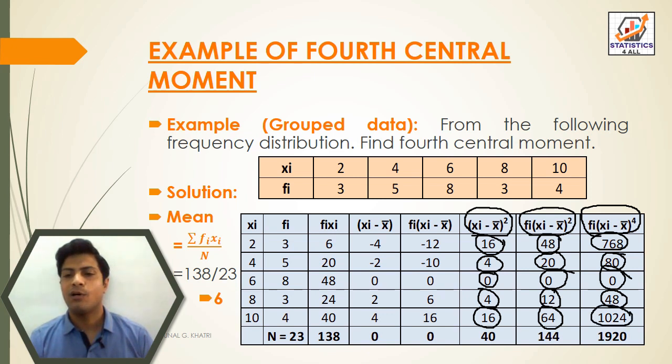Now we take the sum of fi into xi minus x bar to the power 4. We get the value 1920.